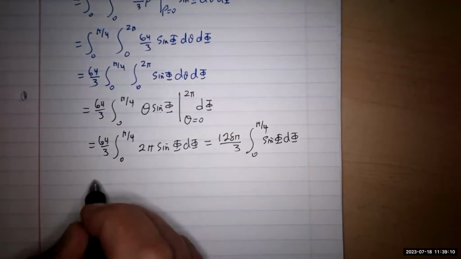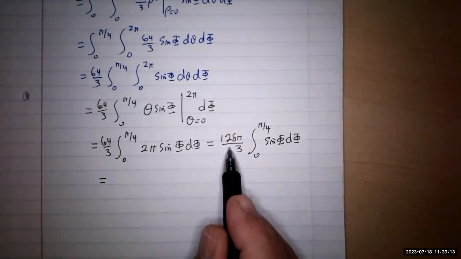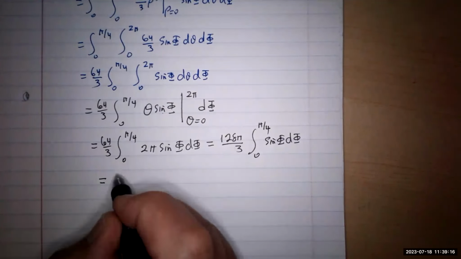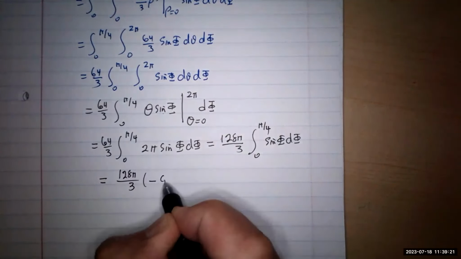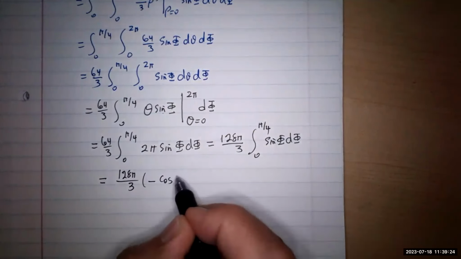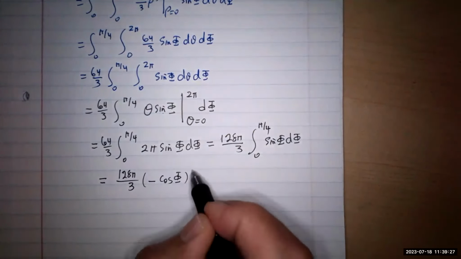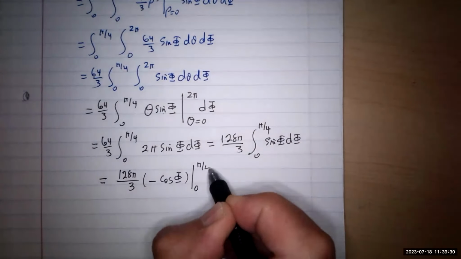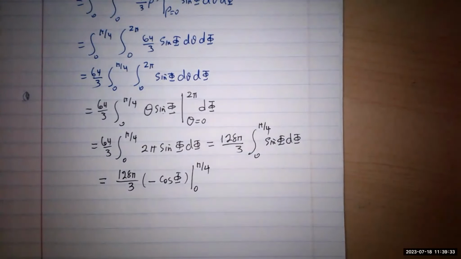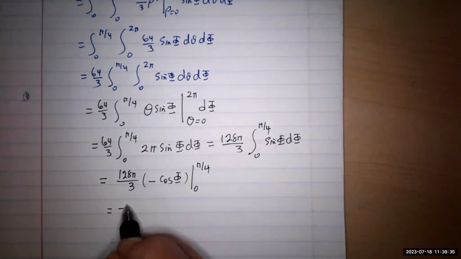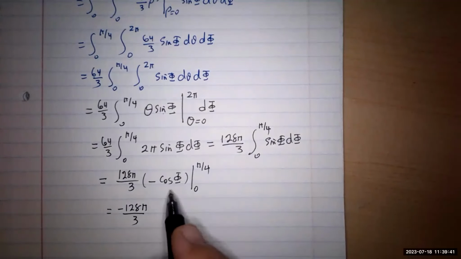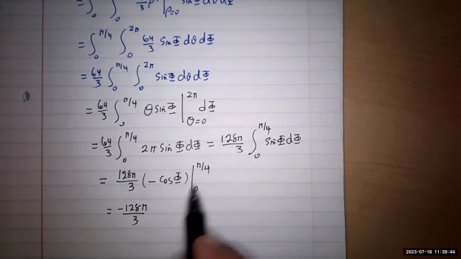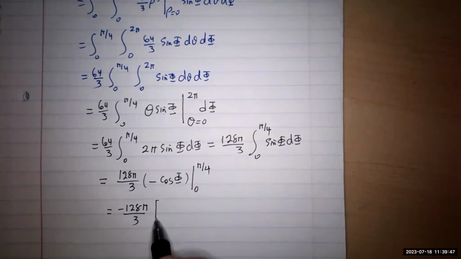Okay, the integral of a sine is negative cosine. So this is going to be 128 pi over 3 times negative cosine of phi, going from 0 to pi over 4. Substitute. If you substitute for each one of them, I just put a bracket here.